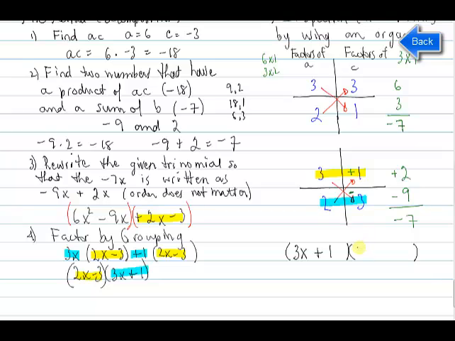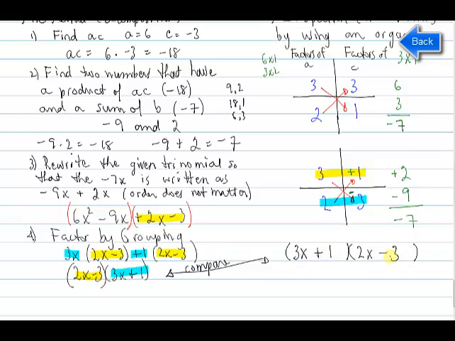My 2 I have to write as 2x, and I've got minus 3 for the second column. And so you can see you now have 3x plus 1 and 2x minus 3, and compared to what we got using decomposition and the AC method, we get the same answer.